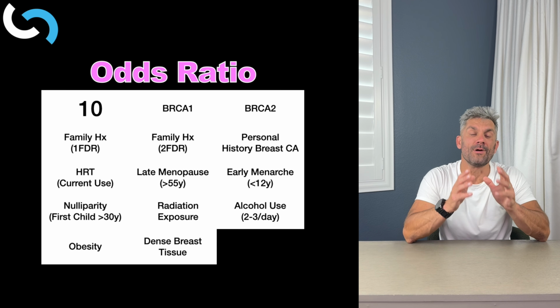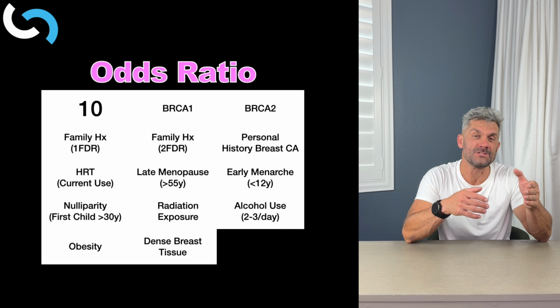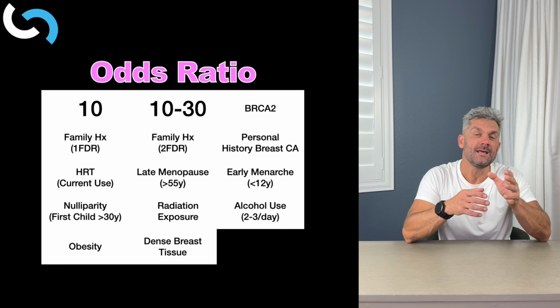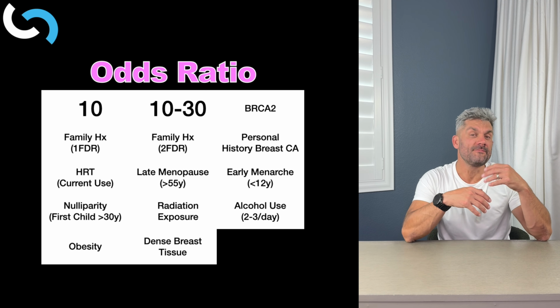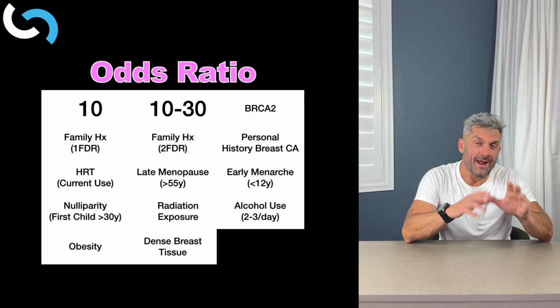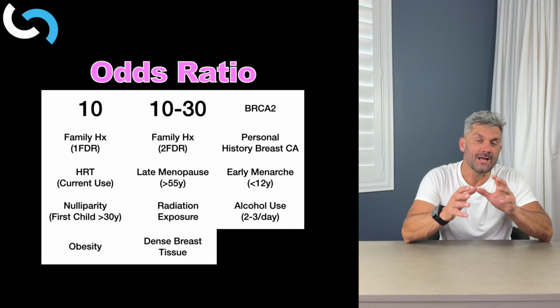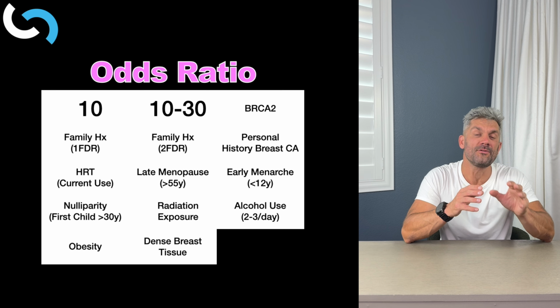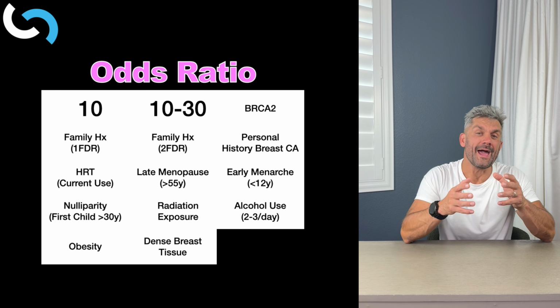What if we look at BRCA1? BRCA1, that's a genetic mutation that increases the risk of breast cancer, and that is 10 to 30-fold. And in a future video, when we talk about BRCA1, BRCA2, and the genetics of breast cancer, I'm going to take a deep dive into that, but a 10 to 30 risk. How about BRCA2?